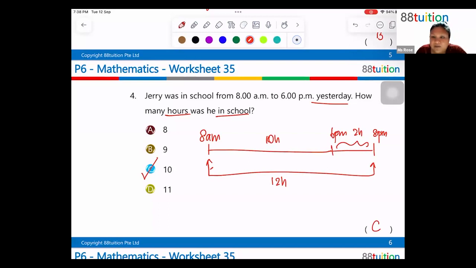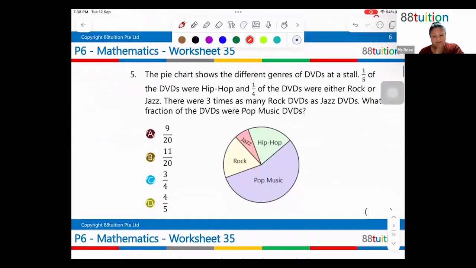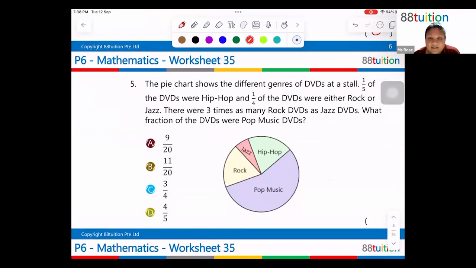Now, not question number 4, question number 5. We have a pie chart. When we see a pie chart, we must determine what information is given to us.